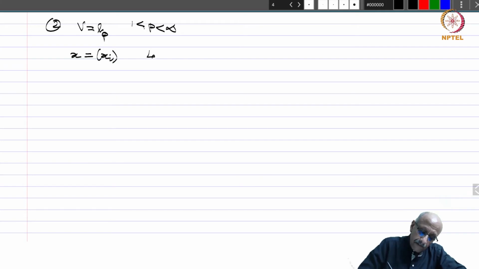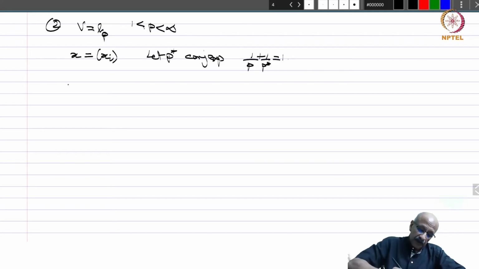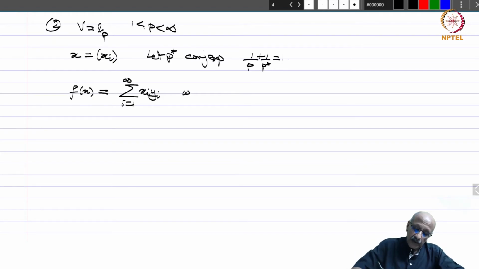So let p star be the conjugate exponent, that means 1 by p plus 1 by p star equal to 1. Then define f of x as equal to sigma i equals 1 to infinity x_i y_i, where y equals (y_i) belongs to l^p star.